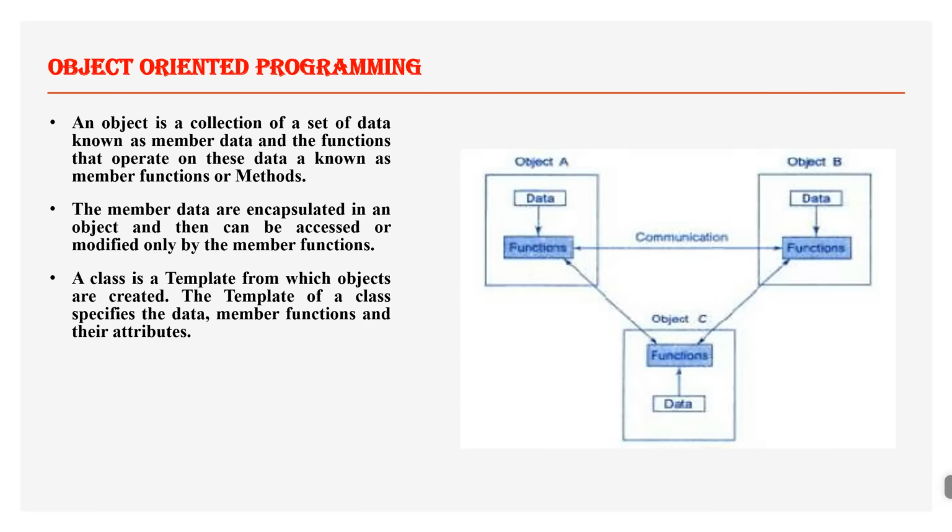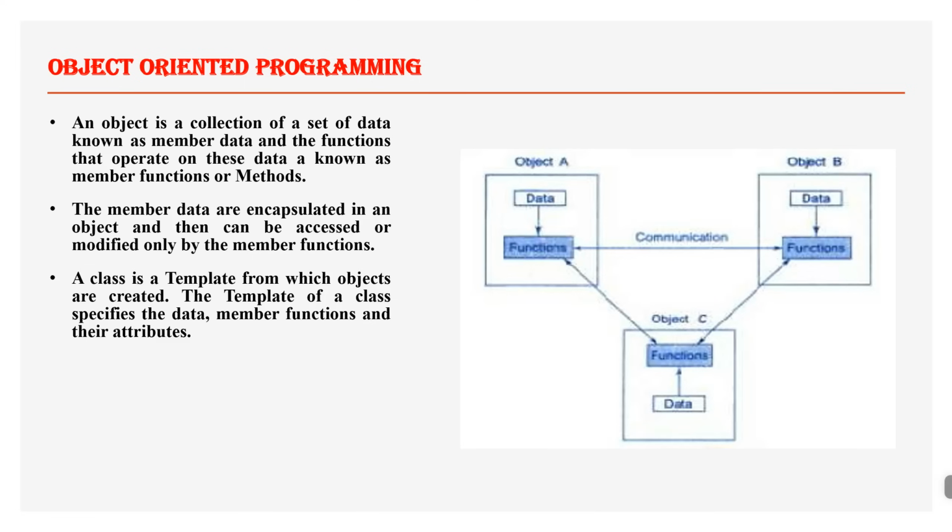So this is a very important point to understand. Another very important point with respect to object oriented programming is that the member data are encapsulated in an object and can be accessed or modified only by the member functions.